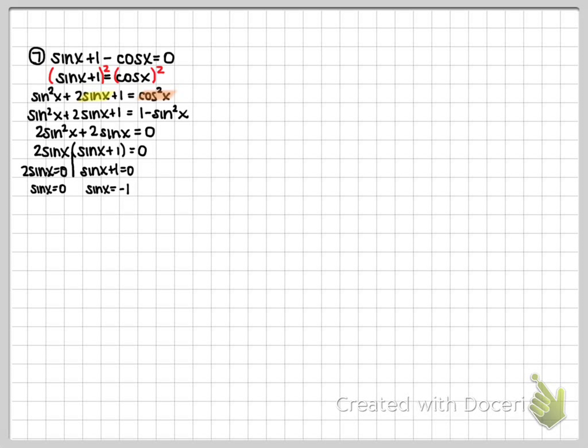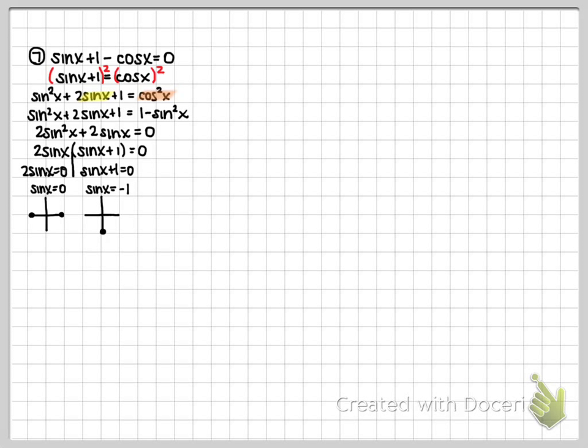So I find my values where sine x is equal to 0, draw my little pictures. Remember, I'm looking at the y value being 0, so that gives me what looks like 0 and pi, and then sine x is equal to negative 1, so I want the y value equal to negative 1. However, remember, in the beginning, I squared the equation to get this.